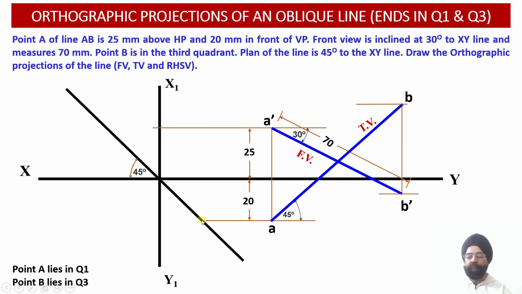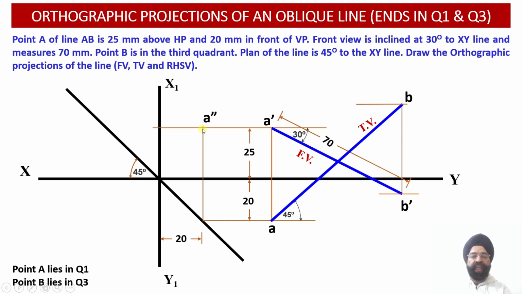From this point, we draw a vertical projector line and extend it in the upward direction till it intersects with the horizontal projection line drawn earlier through the point A dash. Wherever we obtain the intersection of these two projection lines, we obtain the location of the point A double dash.